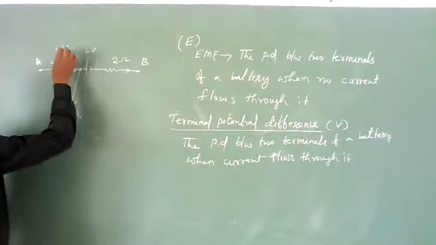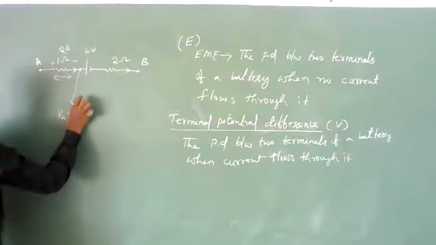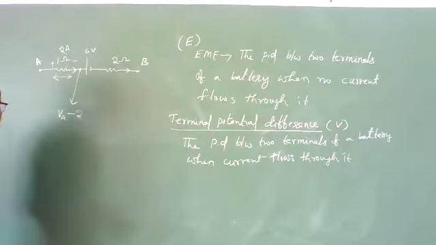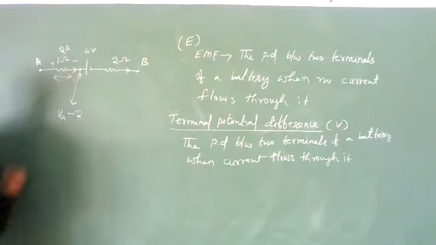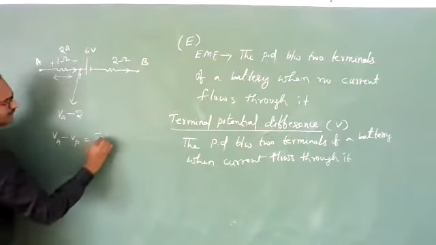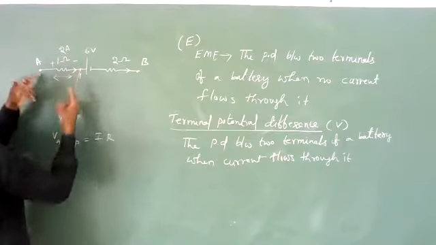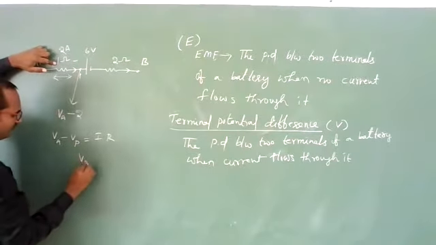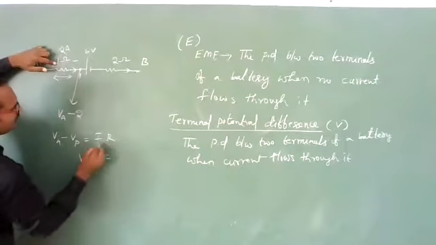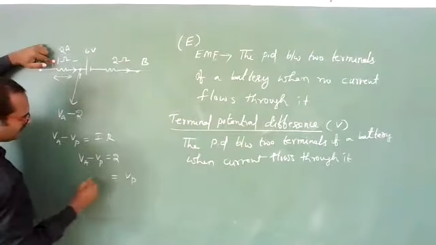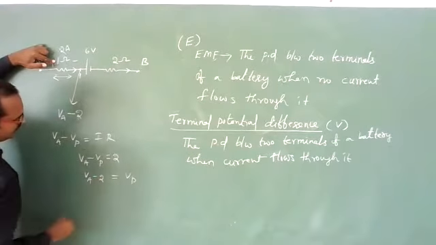Or let us suppose this is 2 ampere current, so 2 volts, 2 into 1, 2. Are you understanding? Let this point be P. VA minus VP should be equal to IR, the potential difference between two terminals should be equal to I into R, 2 into 1 is 2. So VP is equal to VA minus 2 volts.